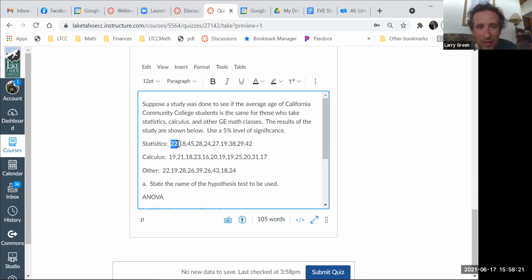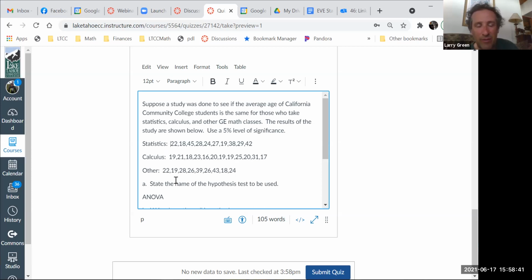It's very clear these are numbers, 22, 18. So we're talking about three quantitative variables. And we want to see if the average, which in statistics is called the mean, or the population mean, is the same for all three of them.